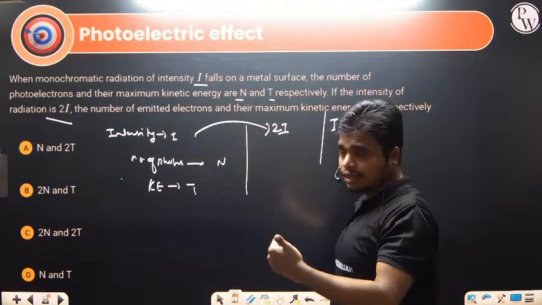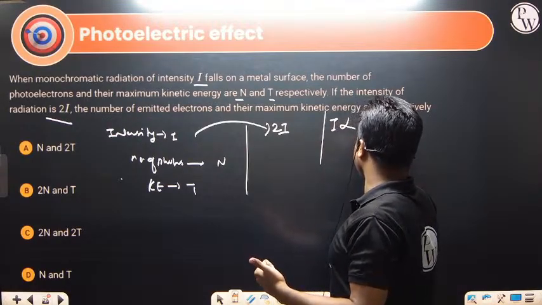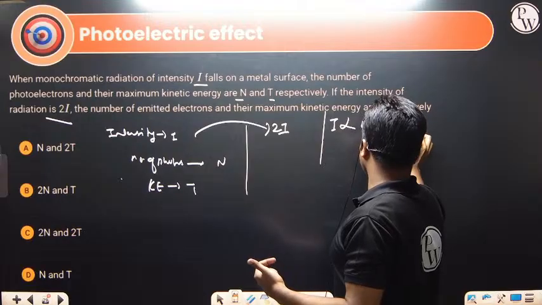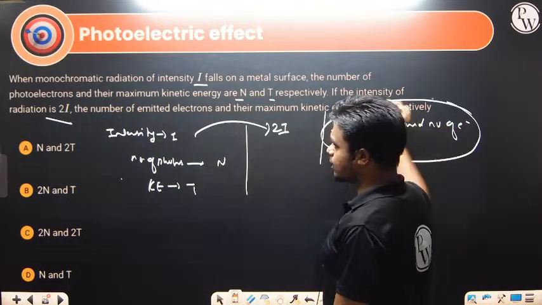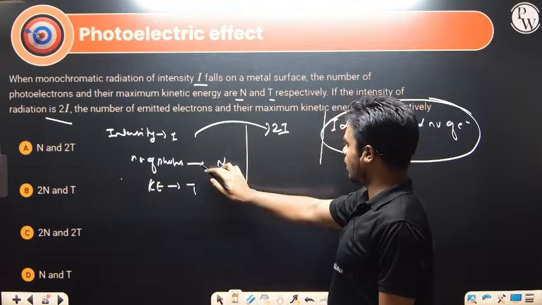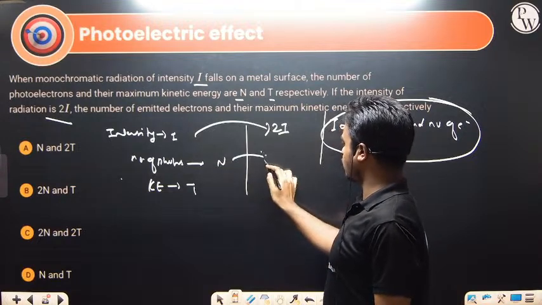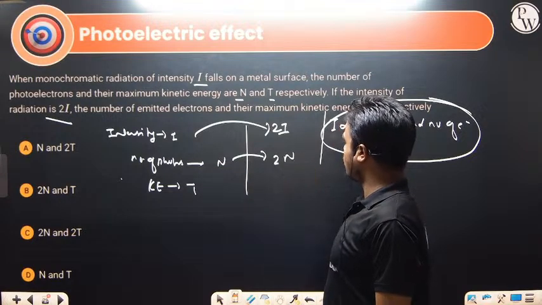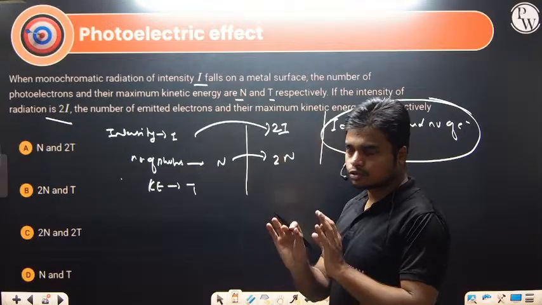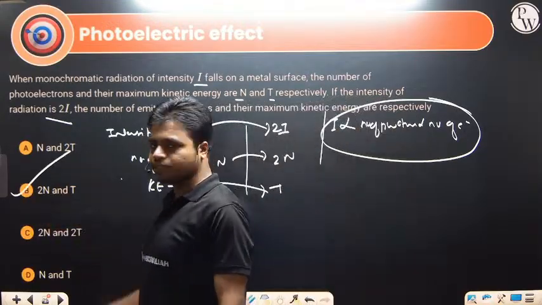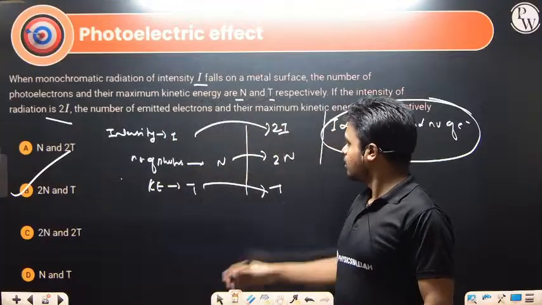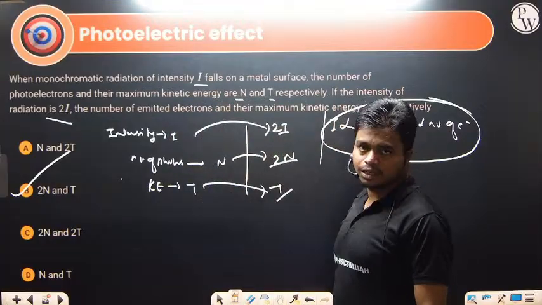Intensity means number of photons, and the number of photons is proportional to the number of electrons. So the number of electrons will also double, becoming 2N. But what about the kinetic energy? It has nothing to do with intensity. It will remain the same because the frequency is not changing. So this will be 2N and T respectively. Okay.